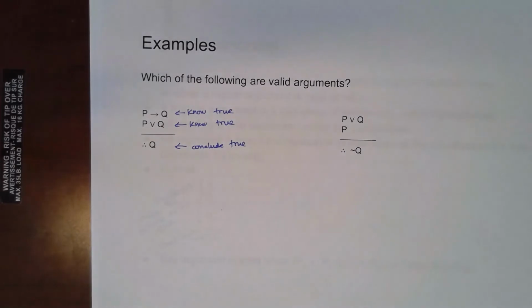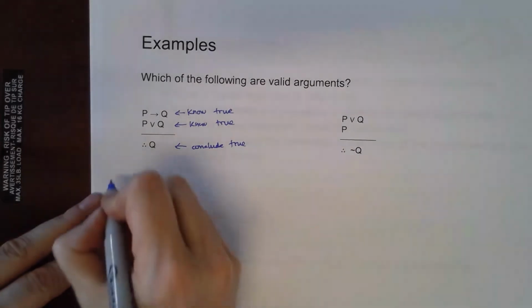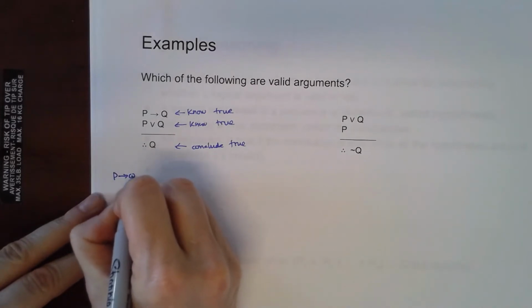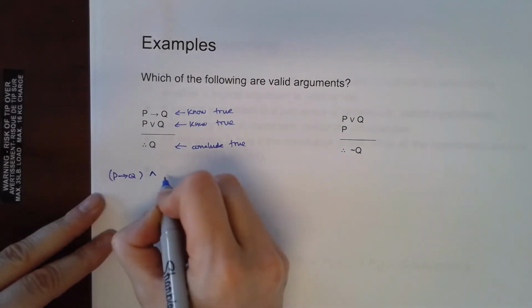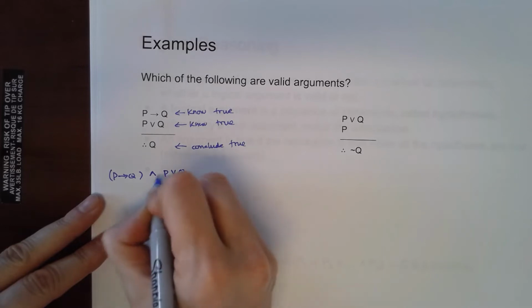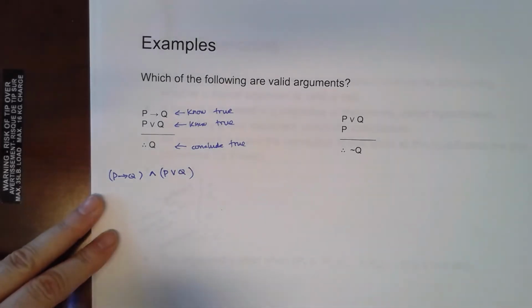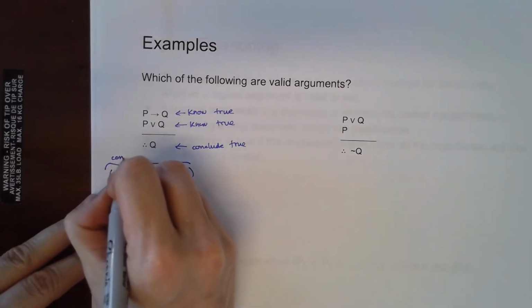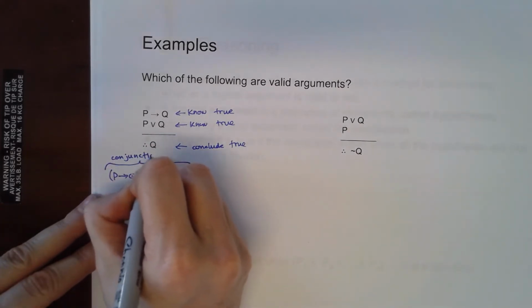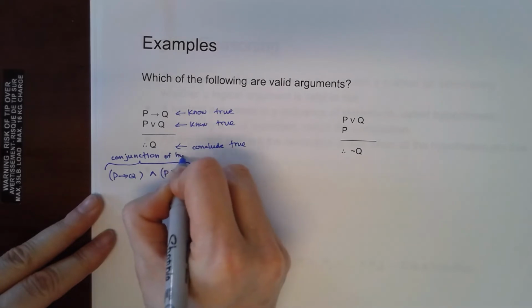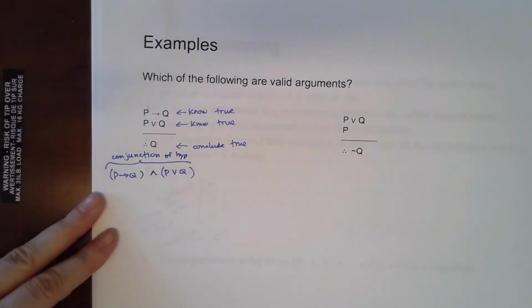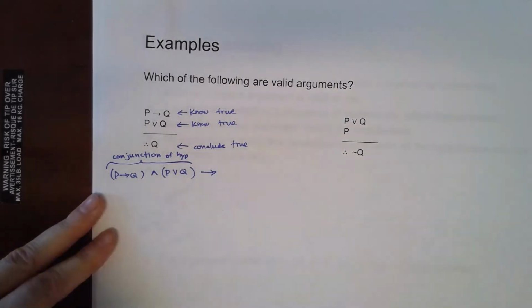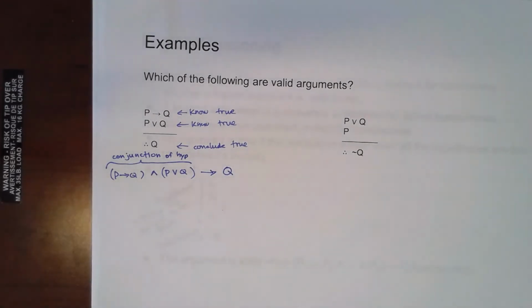Okay, so we know that that's a valid argument if I could take the hypotheses and combine them. So if I take P implies Q, and AND that with P or Q. Okay, so this is the conjunction of the hypotheses. Okay, and I put that in an implication with the conclusion, and I check and see, is this a tautology?